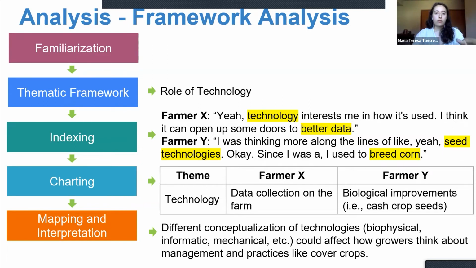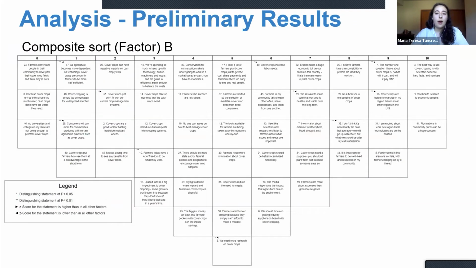And so all of this will help us understand and make sense of our factors that are basically the results of the participant card sorts. And so once we run the factor analysis, what we get out of our software is a table that looks like this. This is called a composite sort. So basically, the software gives us an average table of all of the sorts falling in one factor.